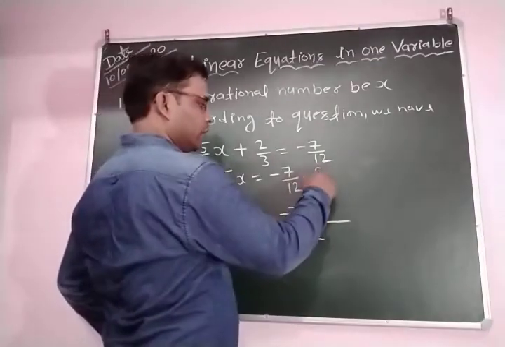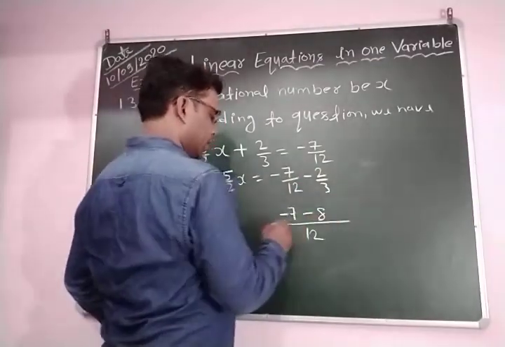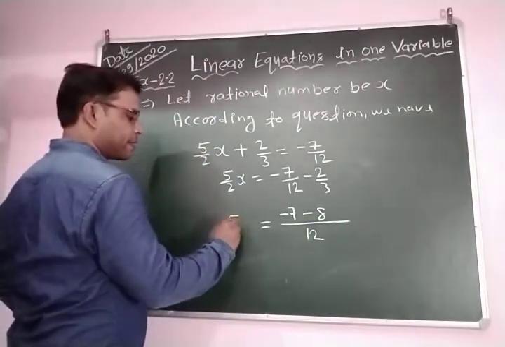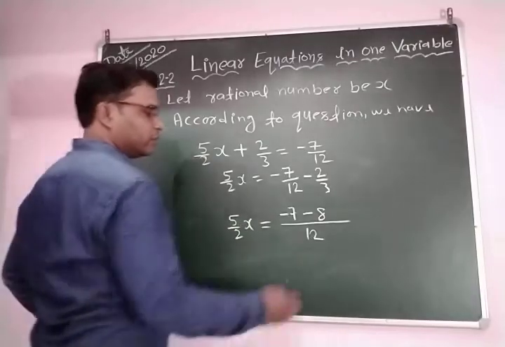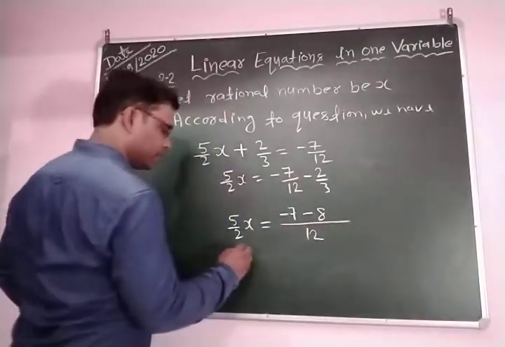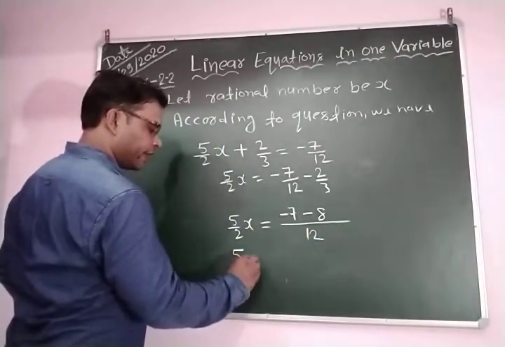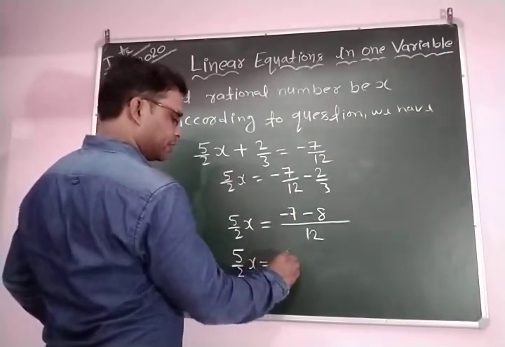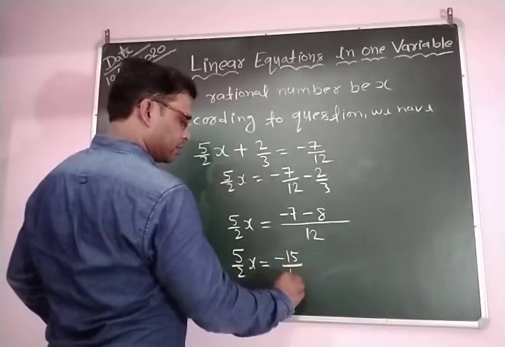So 4 into 2 is equal to 8. Here in the left-hand side we have 5 by 2x, which is equal to minus 15 by 12.